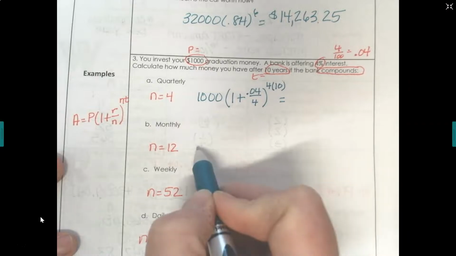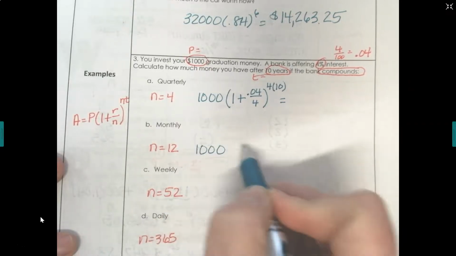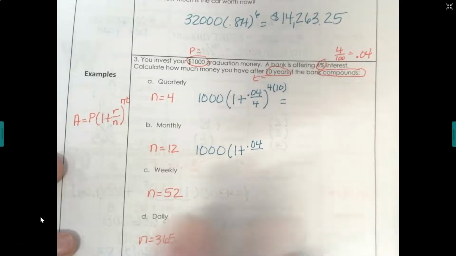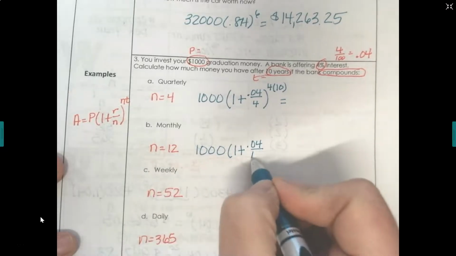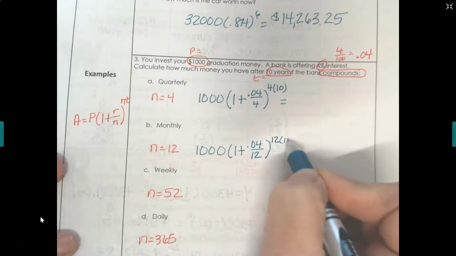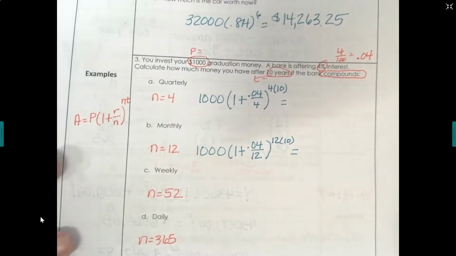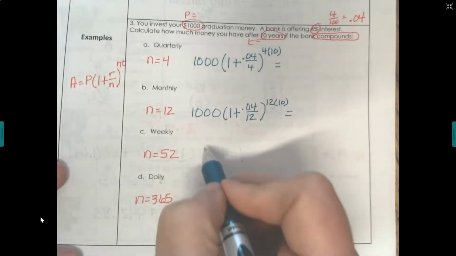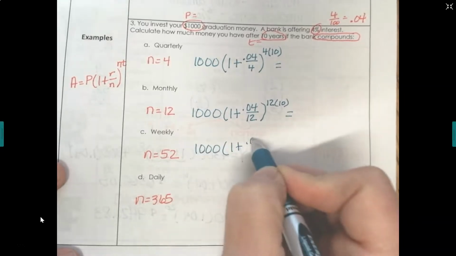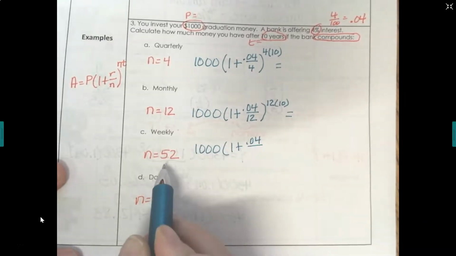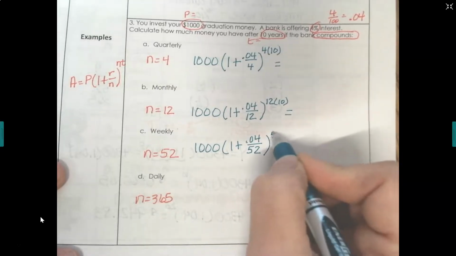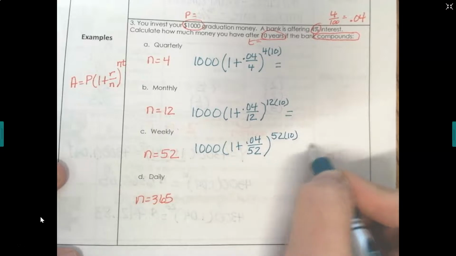So for compounding monthly, we have $1,000, 1 plus 0.04. But now we're compounding 12 times per year, so we put a 12 down here. And then it's 12 times 10 in your exponent. Okay. Weekly, everything starts the same, 1,000, 1 plus 0.04, but now we're going to get paid interest 52 times a year, and then it's 52 times 10 years.